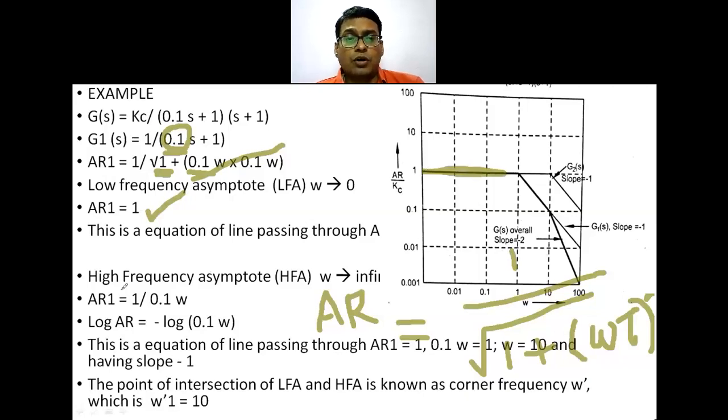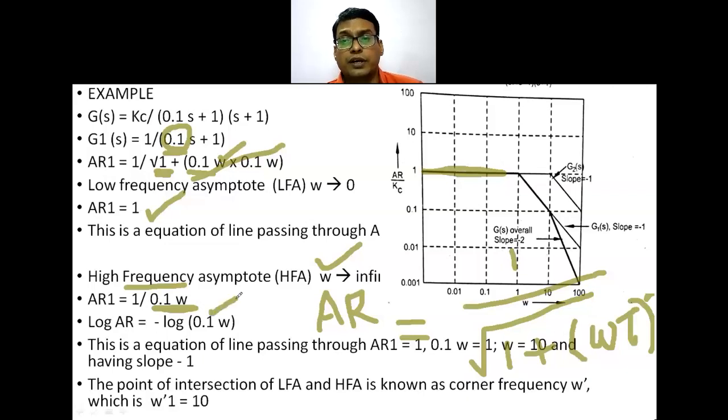Now for the high frequency asymptote, that means omega tends towards infinity, I am going to substitute the omega value towards infinity. So it becomes 0.1 omega; the square root cancels the square term, so it becomes 1 upon 0.1 omega. So log of amplitude ratio is equal to minus log of 0.1 omega.